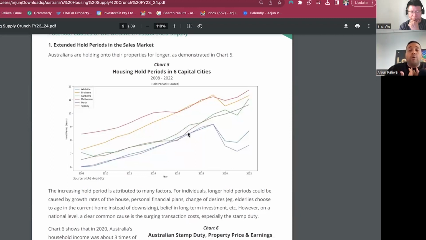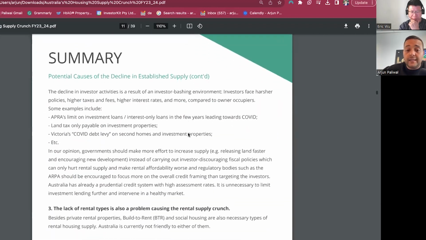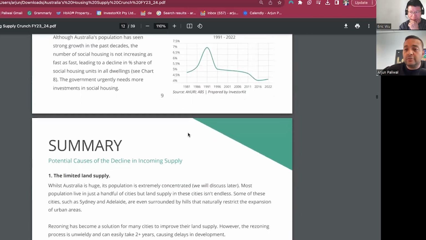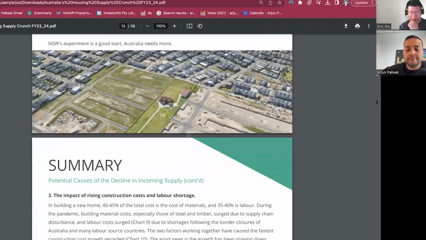So these are, in our opinion, essentially the big causes of this undersupply. Yeah, it's cooking up a perfect storm, isn't it? Yeah, and that does not get solved overnight. This will take time.